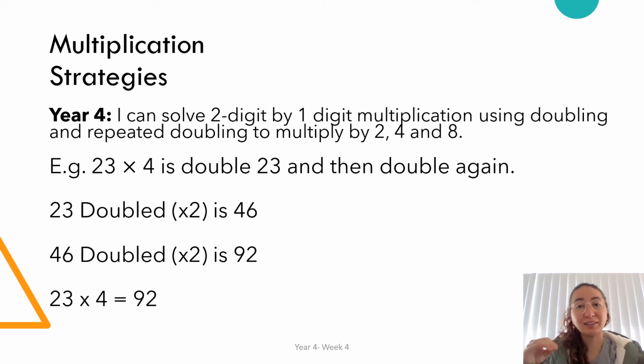Now we've got that total. Now we've still got to double again to make it multiplied by 4. So we double 46, or times by 2, which is 92. So 23 multiplied by 4, using this strategy, we've solved it as 92 in total. We're going to complete this strategy together for 3 questions, and then you're going to have a go at answering them yourself.